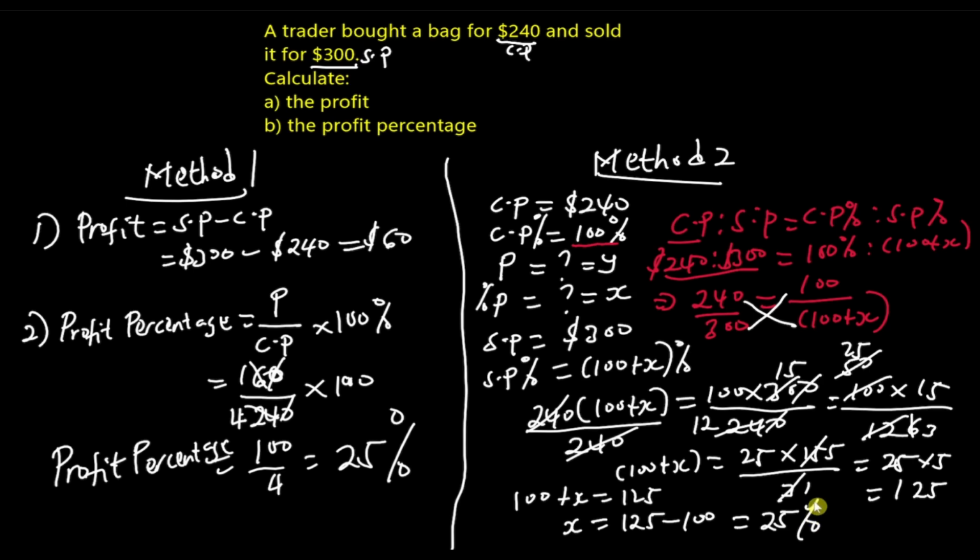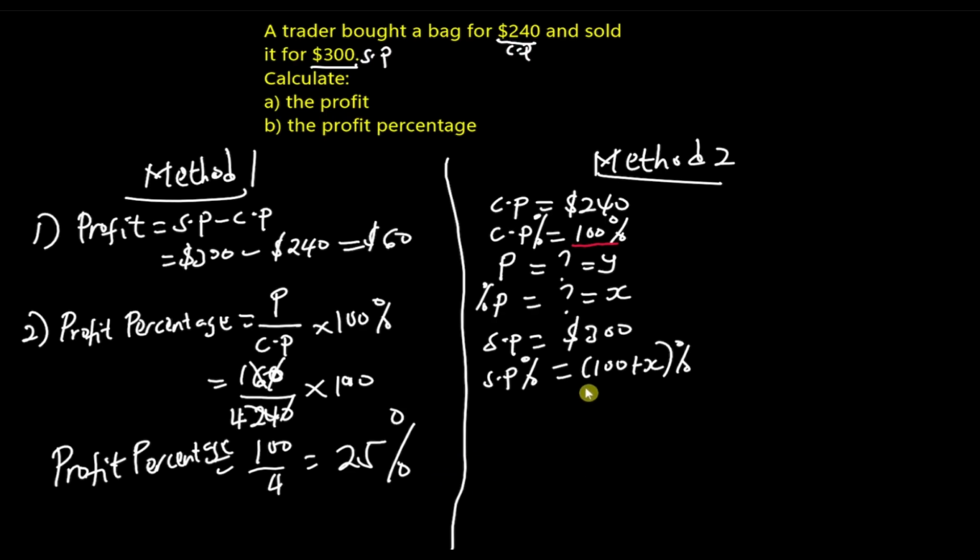Bear in mind the x over here is the profit percent. So let me erase something over here. Now when you solve the profit percent, we had x as 25%. So this is the profit percent. And finally we have to solve for the profit.